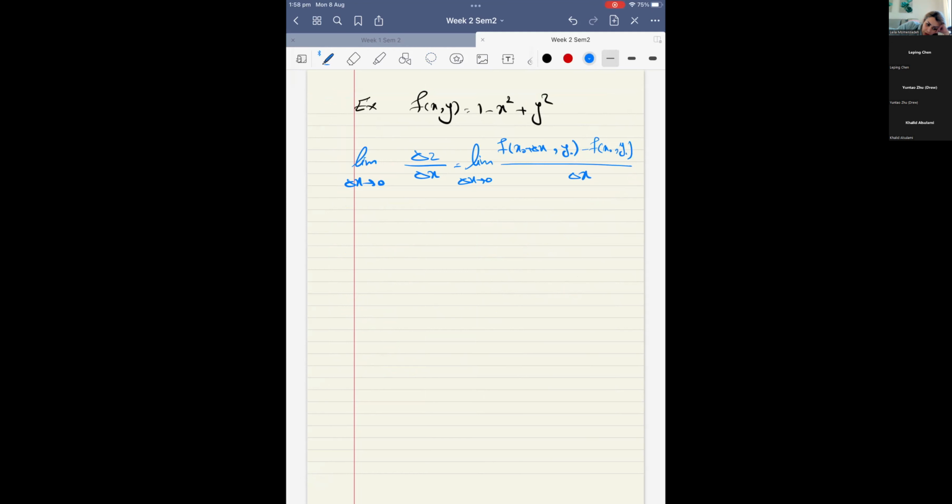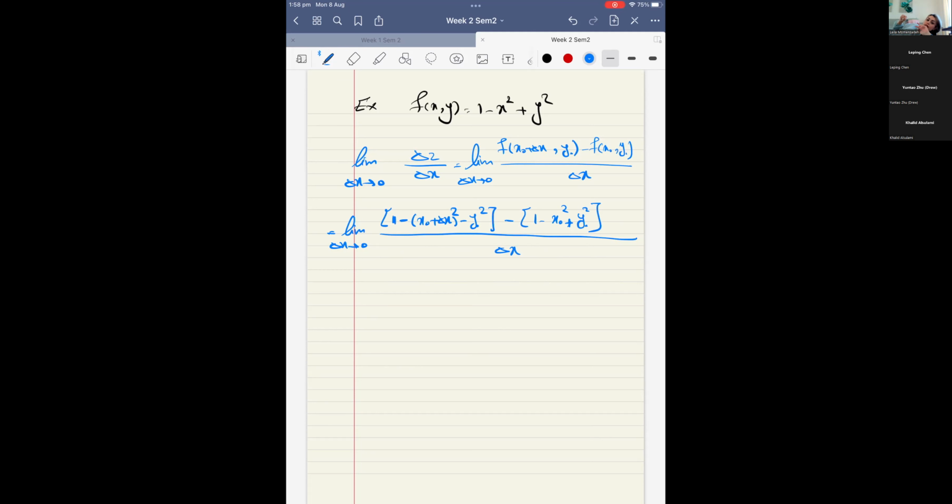Okay. I can write here, this is equal to the limit as delta x goes to 0 of 1 minus (x0 plus delta x) squared minus y0 squared, minus 1 minus x0 squared minus y0 squared, over delta x.